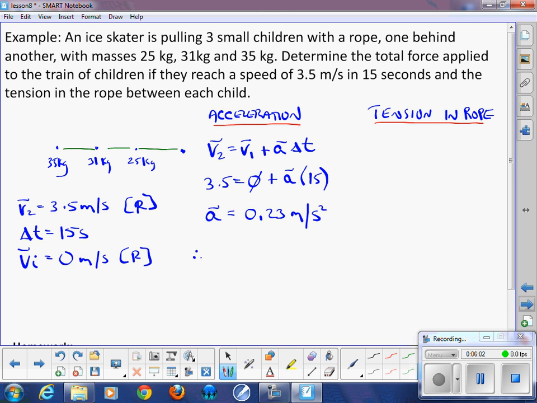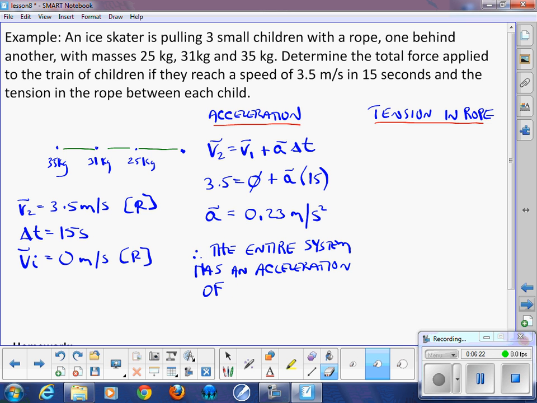So the entire system, I'm going to call it a system, has an acceleration of 0.23 meters per second squared. That is to the right.